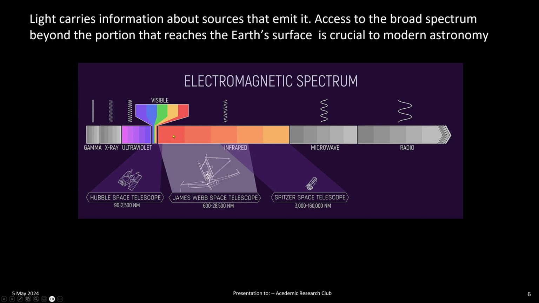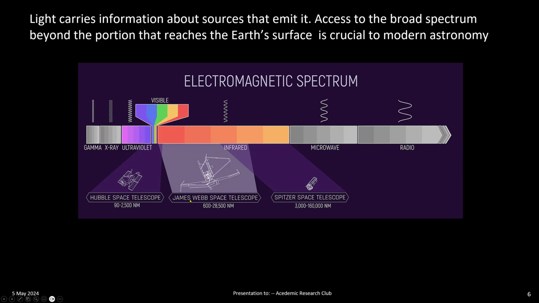Our eyes can't see infrared light, but your skin can sense it. If you hold your hand near a warm stove burner or a warm radiator and you feel the heat on your hand, what's happening there is your skin is sensing the infrared light emitted by the warm object. The Hubble Space Telescope was designed to operate in the visible and ultraviolet part of the spectrum.